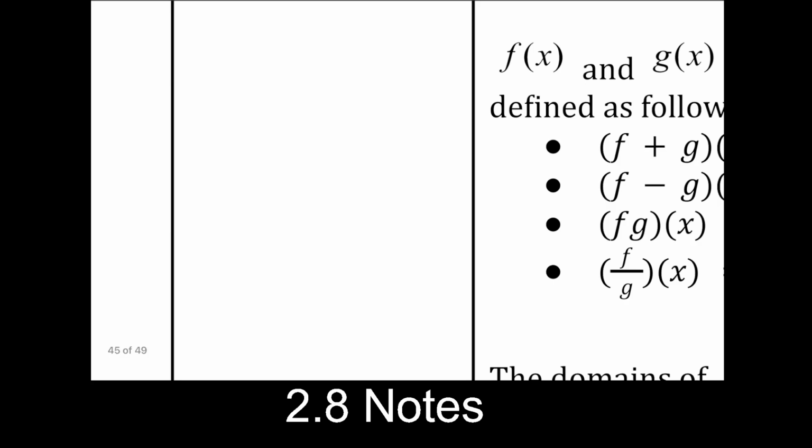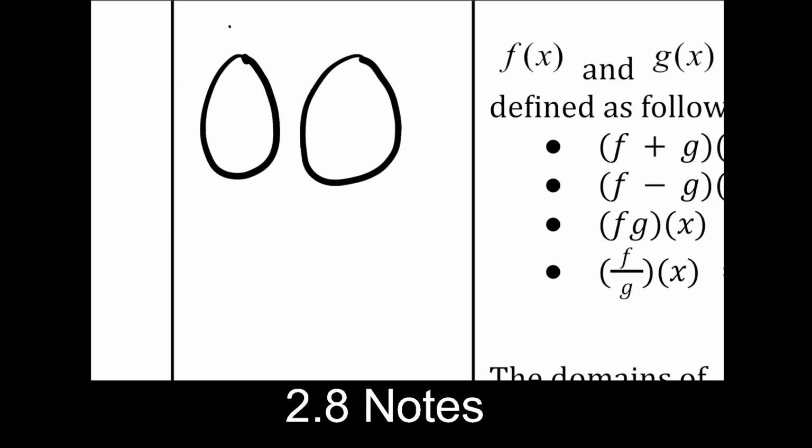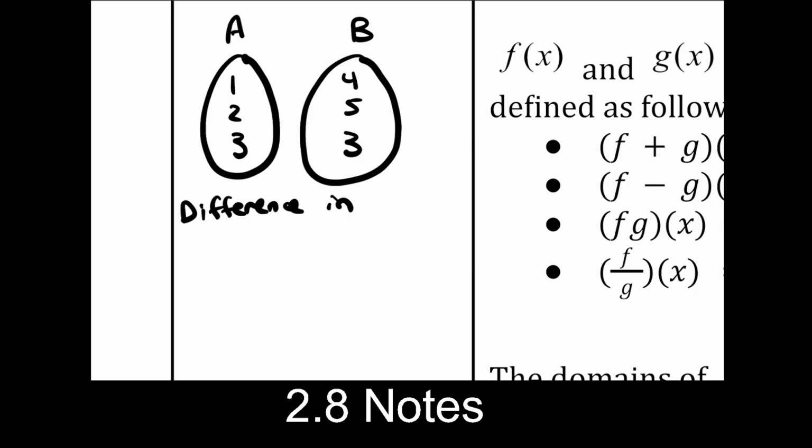Remember, if we had two sets like this, so here's our first two sets. So here's set A, and here's set B. Say we had 1, 2, and 3, and 4, 5. I'm going to put a 3 back in here. I'm really sorry. And so if we're looking at the difference in union versus intersection, right?